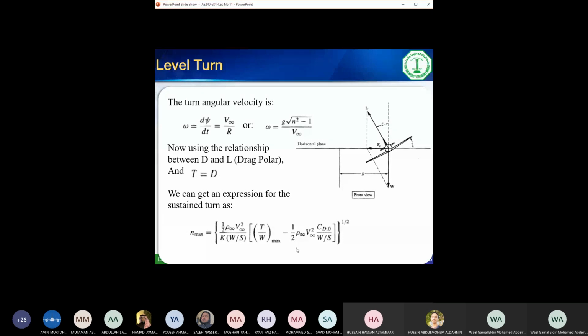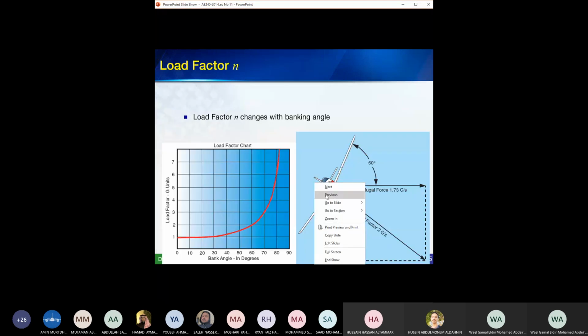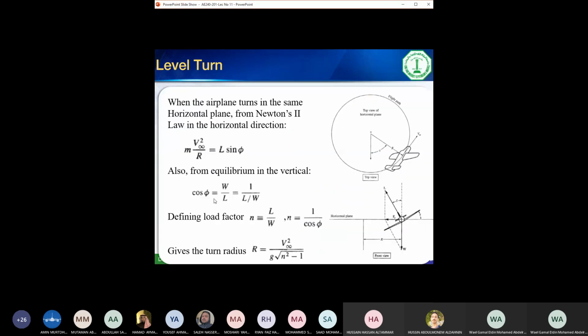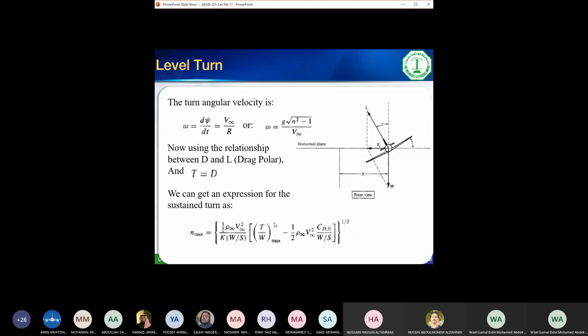You can get all sorts of important relations. So rather than the load factor expressed in terms of L over W, which are not design parameters, I can now have it represented as CD naught, W over S, and T, which are design parameters. So we can change them and see the effect on the load factor.